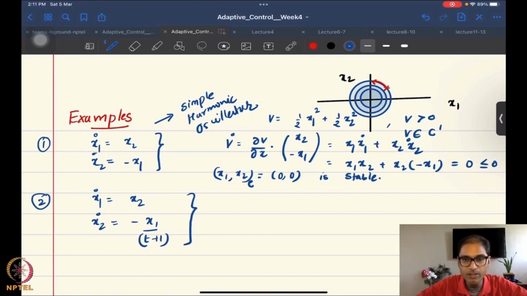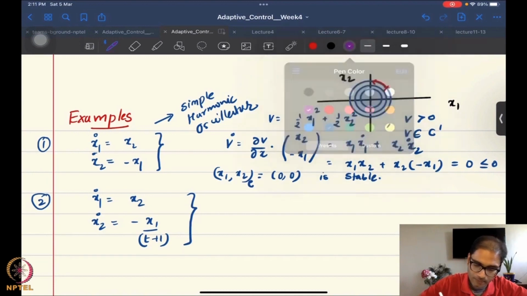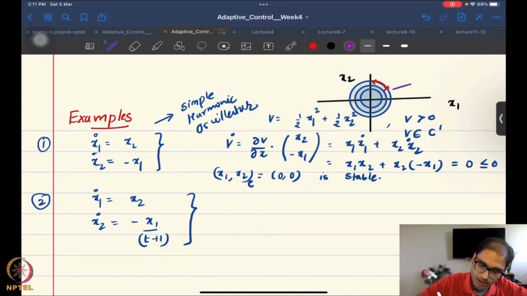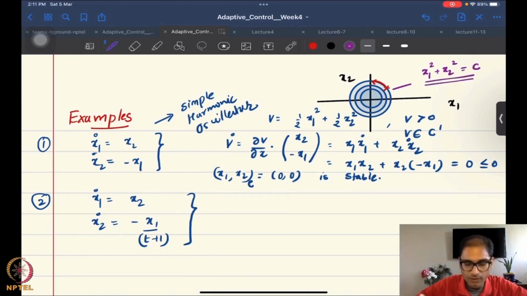But in this case, the phase plane portrait does give us some insight. What is this insight? If you look at this, what are these circles? These are concentric circles. My system is always evolving on a circle. And what's the equation of a circle?